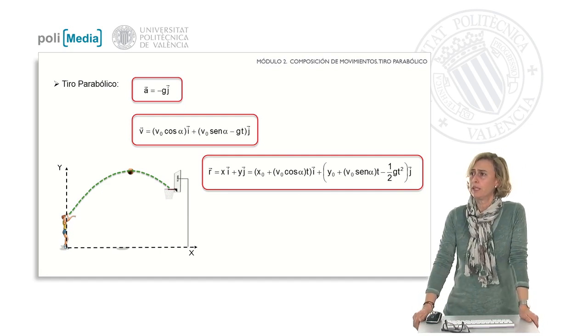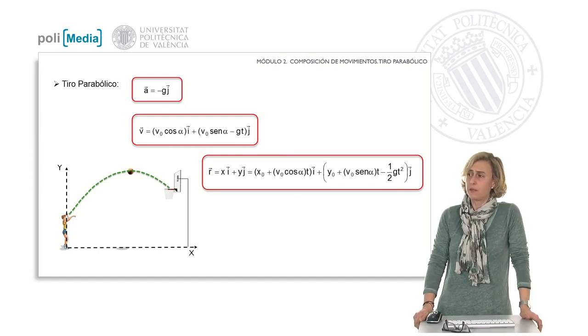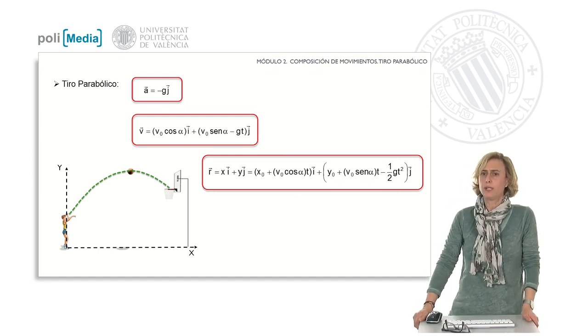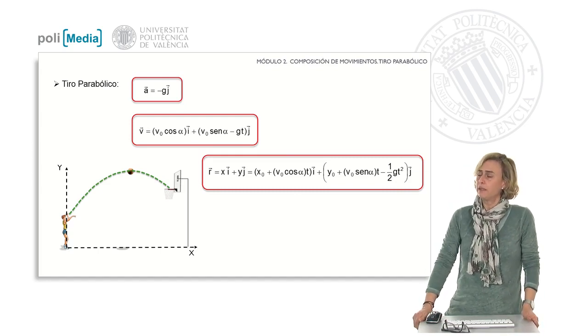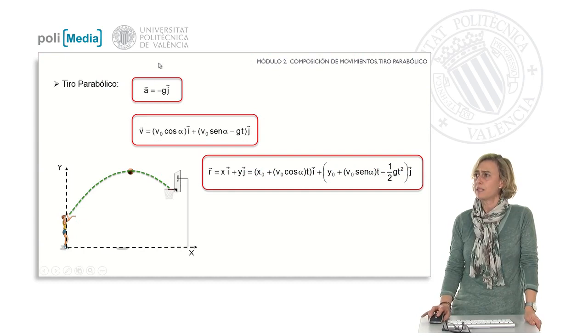Therefore, in a parabolic trajectory, we have an acceleration that with our choice of axis only has component on the y-axis, which is where the uniformly accelerated rectilinear motion takes place.